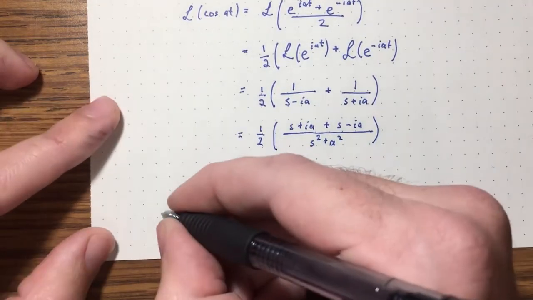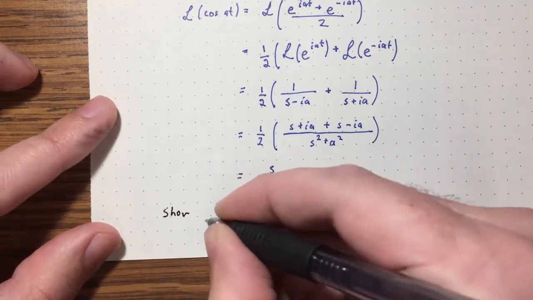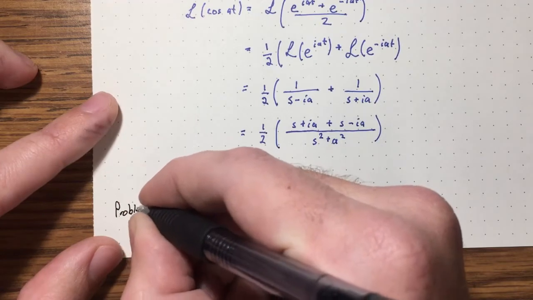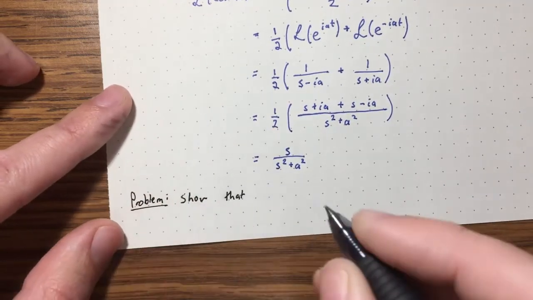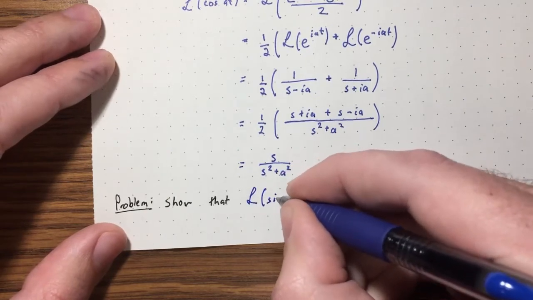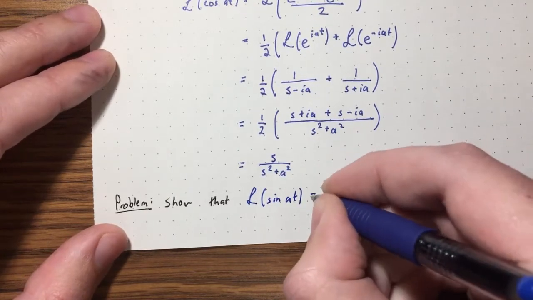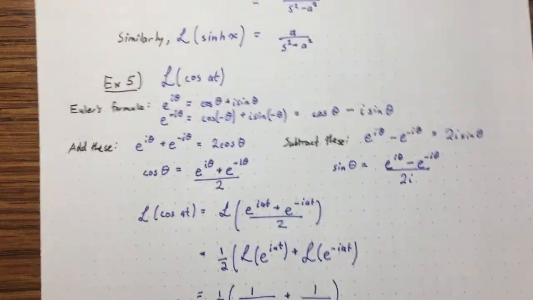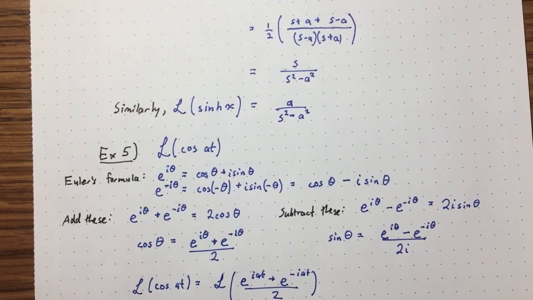And then here's a problem for you. Show that the Laplace transform of sine at is a over s squared plus a squared. Well, I can ask you to calculate it, but you probably already know what it's going to be.